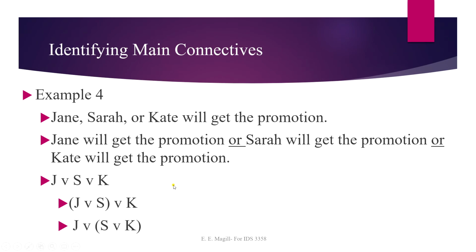Or you could do it like this, with the first V for that disjunction as the main connective, and then S or K as that second disjunct. As long as you've got all conjunctions or all disjunctions, it doesn't matter which way you use the parentheses, but it's crucial that you do use them to make sure the sentence is grammatically correct in logic.